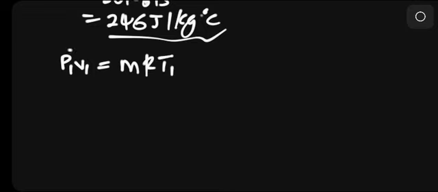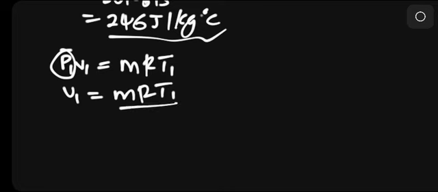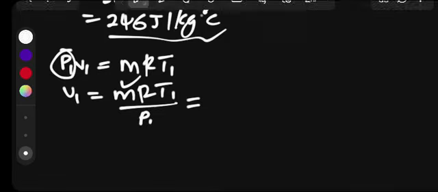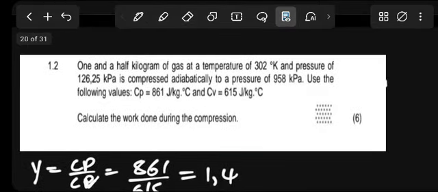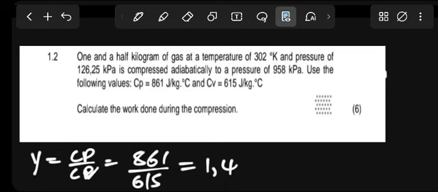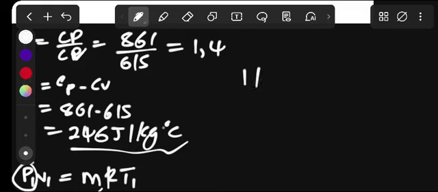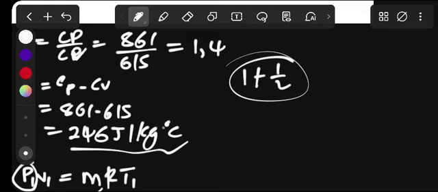MRT1. We want V1, but we don't have volume 1. So V1 will be MRT1 divided by P1. So what is M, the mass? The mass they say there is 1.5.